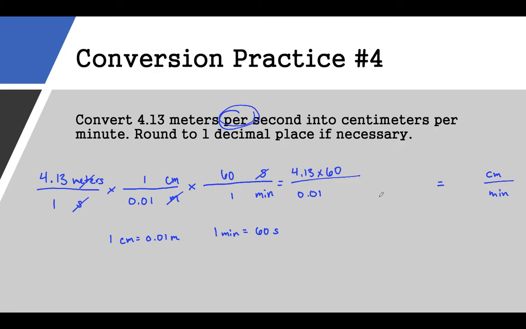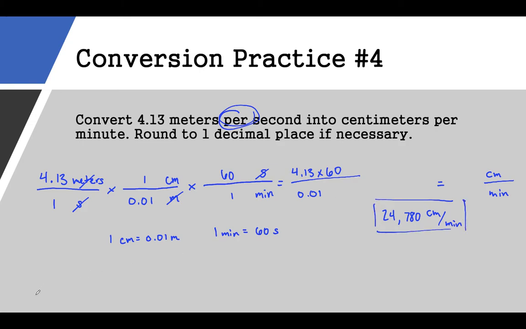I divide that by 0.01, and I get, what is that? That's 24,780 centimeters per minute, which is our answer.